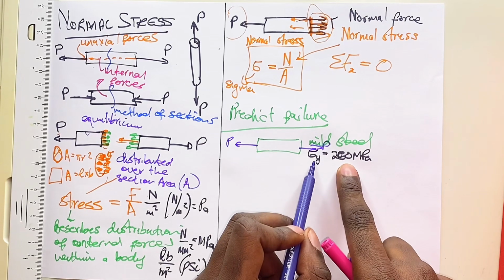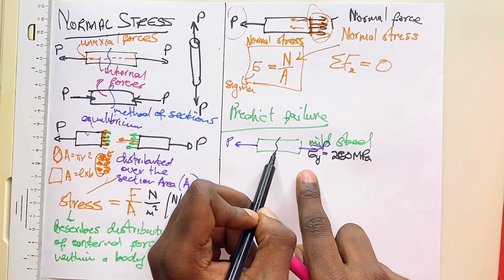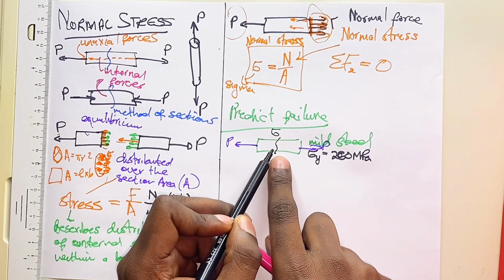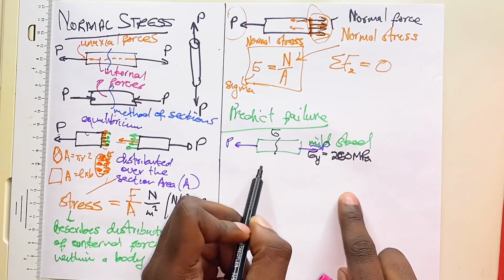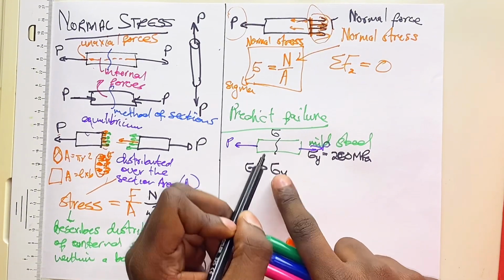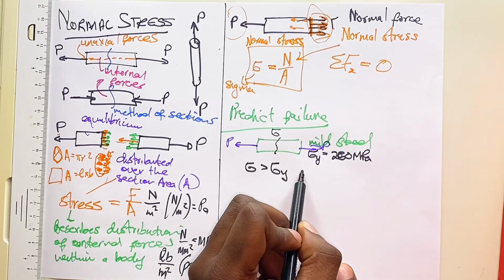We know its total strength, and we are going to try and find the stress being experienced inside this member. If the stress experienced in our member exceeds the strength of our member, then it will fail.